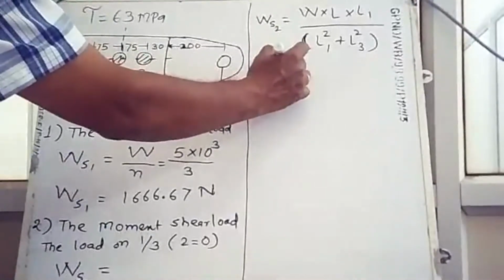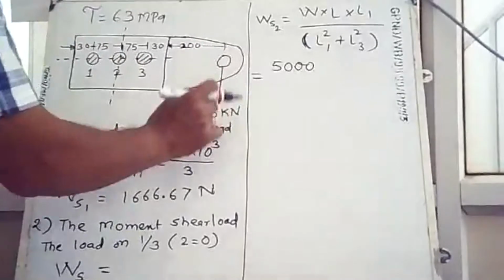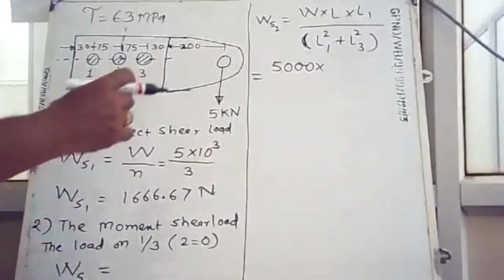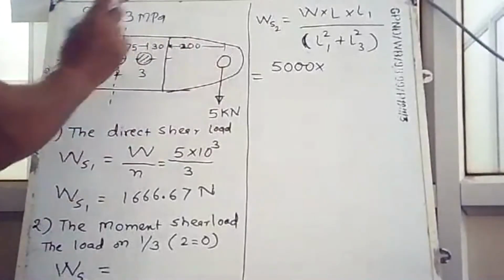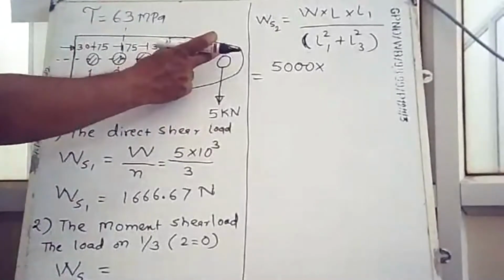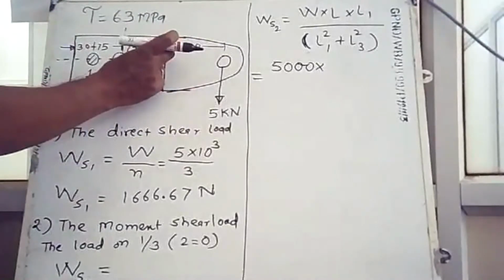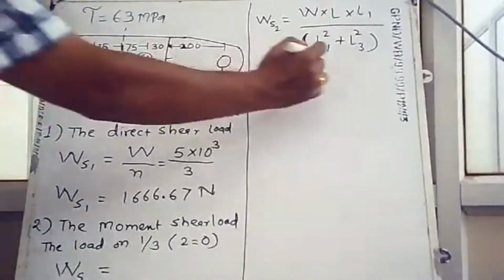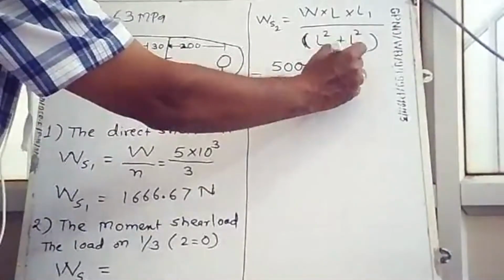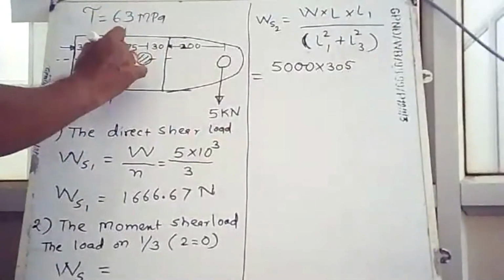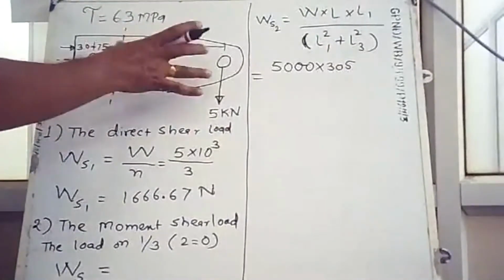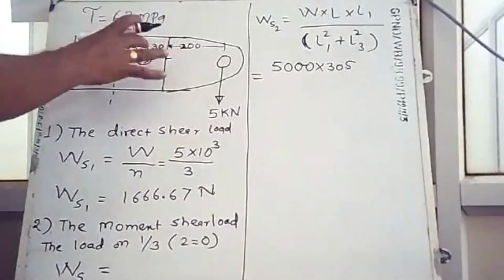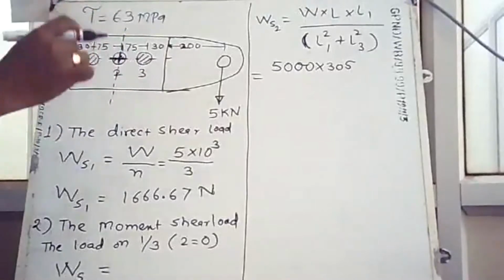So I'll put the load and everything. There is 5000 as the load, multiplied by the distance. Now when we think about the moment, the distance is 200 plus 30 plus 75, so it becomes 305 from the center of rotation, because this is the center of rotation. So it is going to rotate like this, a complete rotation about this center.